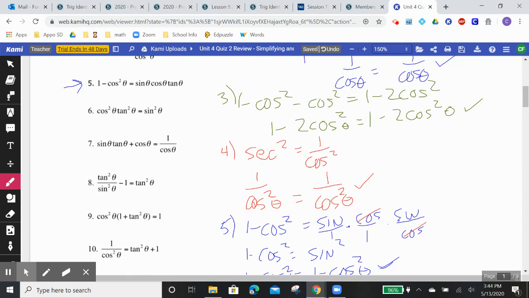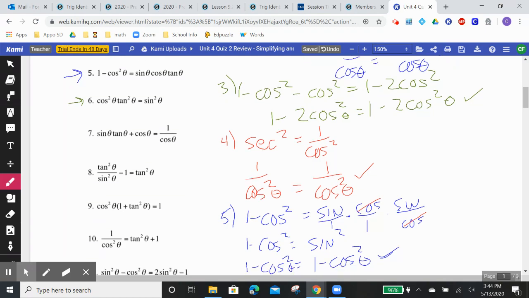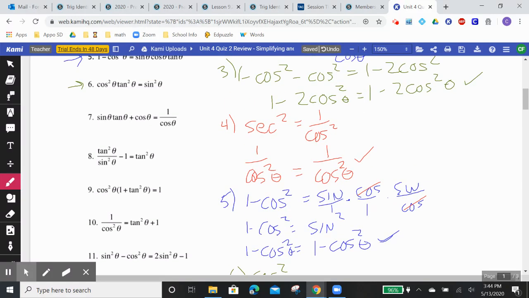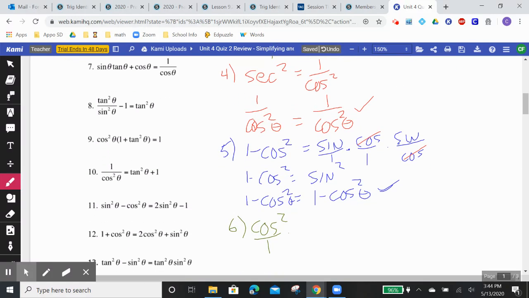All right, I'm going to do one more in this video here. Number 6. Again, I hope you agree that the left side definitely looks a little bit more involved. Got multiplication on the left. You don't have anything on the right except for the sine squared. This one's easy. So for number 6, I have cosine squared over 1 times tan squared, so isn't tan squared sine squared over cosine squared?